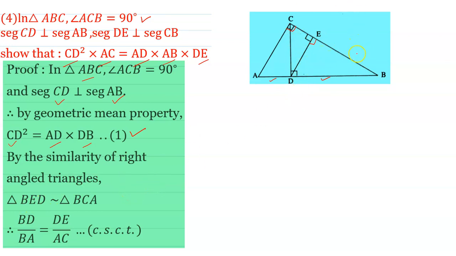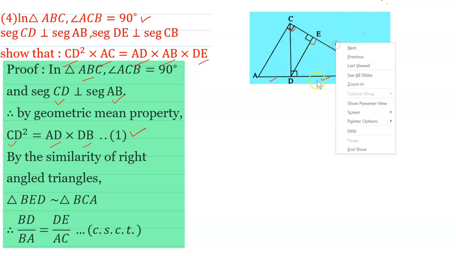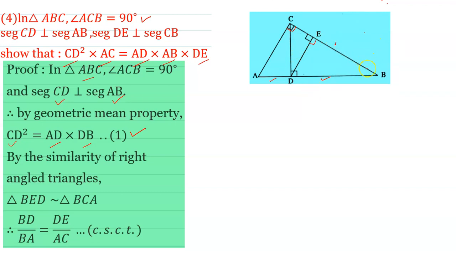Of the bigger triangle BCA, how is it similar? One angle we can show is common. The angle B of BED is common, and this angle C and this angle E are each 90, and therefore by the angle test these two triangles are similar.